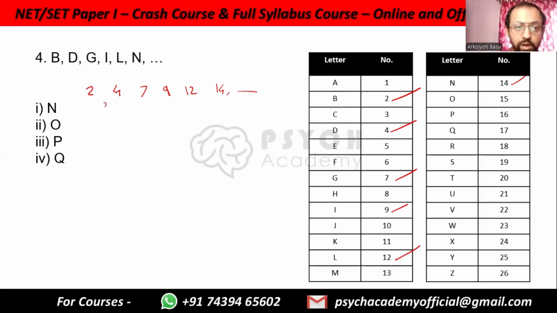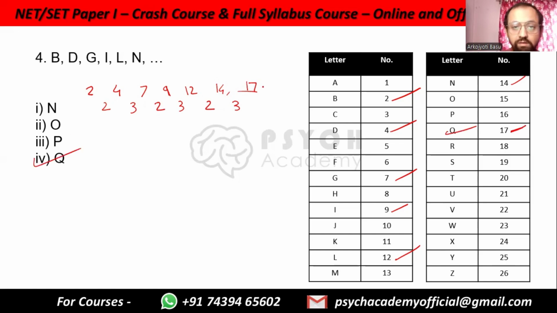So increasing by 2, increasing by 3, increasing by 2, increasing by 3, increasing by 2, so it should increase by 3. So 14 plus 3 would be 17. The answer is Q.